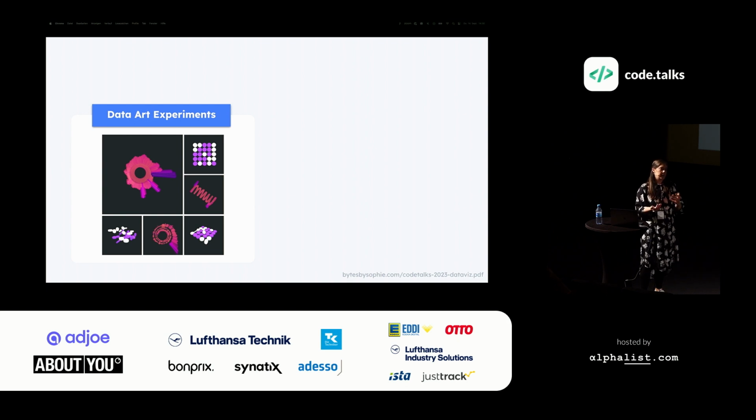But I think it's interesting to see if we could create something like this in the browser and be able to share it with everybody and let people interact with those data sculptures, but then maybe also give them context on the data that is used. So it can be very good combined to let people just enjoy the beauty, but also, if they want, give them additional information. And that's what I'm researching.